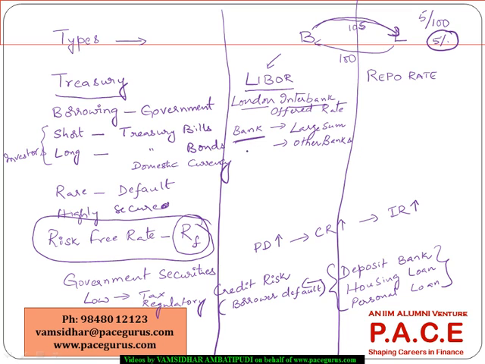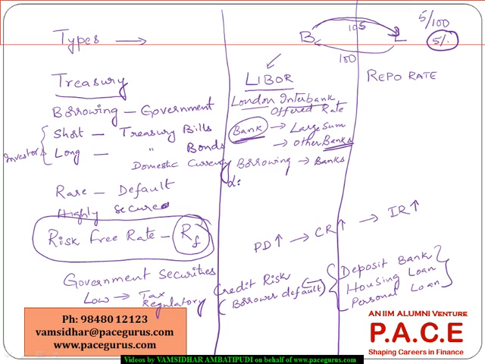So it's a kind of borrowing rate. From the other bank's perspective, it is trying to borrow from this bank. So this is also a borrowing rate, but not by the government here. The borrowing is generally done by the banks, and the bank which is depositing is the lender bank.